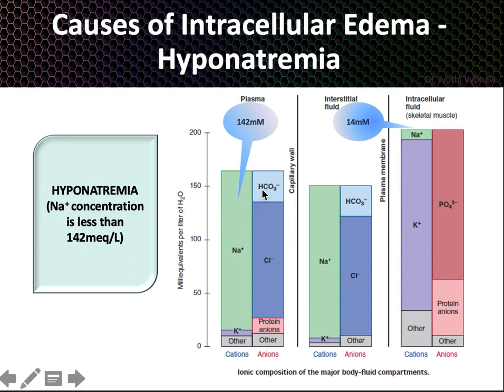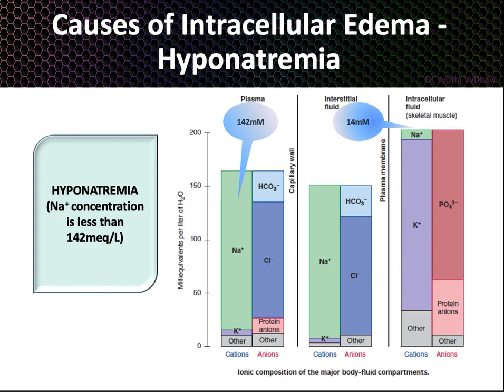All of these together are the major determinants of the ECF osmolality. So if I cannot measure plasma osmolality for some reason and have to roughly tell whether it is normal or abnormal, I can just estimate from the sodium concentration. Just by doubling the sodium concentration, I can tell you the plasma osmolality.